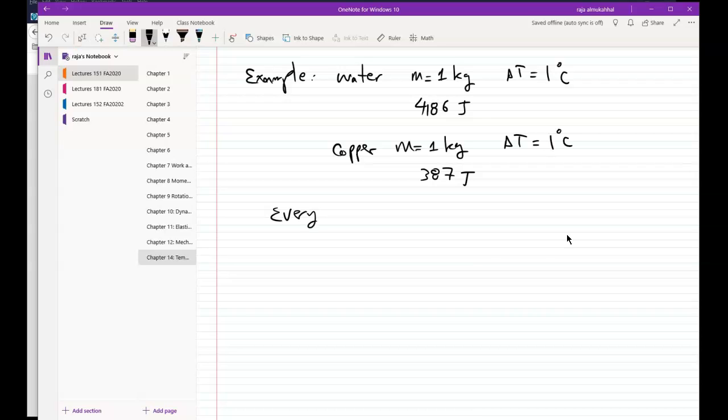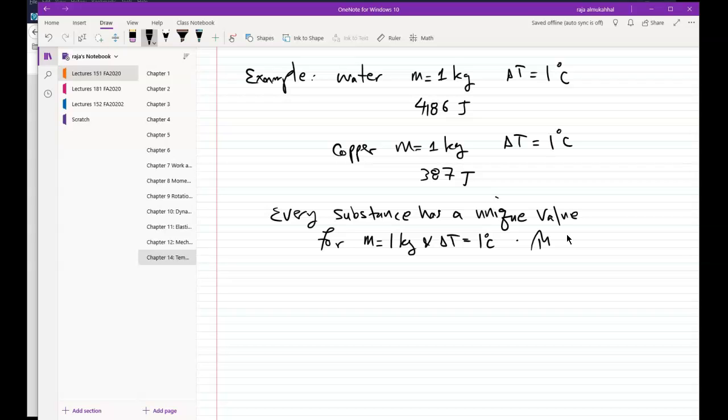Every substance has a unique value for a mass of 1 kilogram and delta T of 1 degree Celsius. This is referred to as the specific heat.